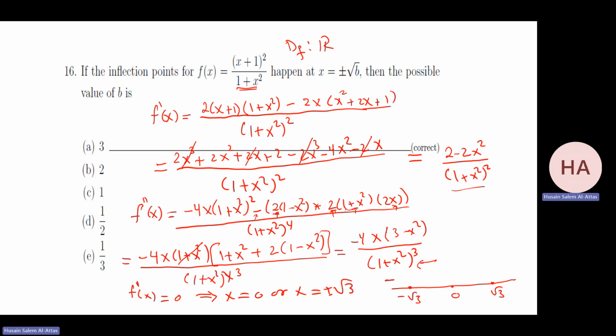Take minus 1. That will be positive, negative, positive. Take 1. It will be positive, positive, negative. Take 2. It will be negative, positive, negative. That makes it positive. So inflection point here, here, and here. So the answer will be 3, or 0, but because he said the possible value.